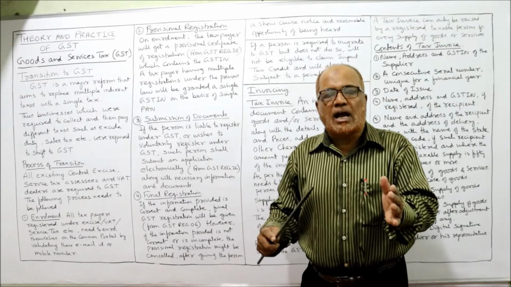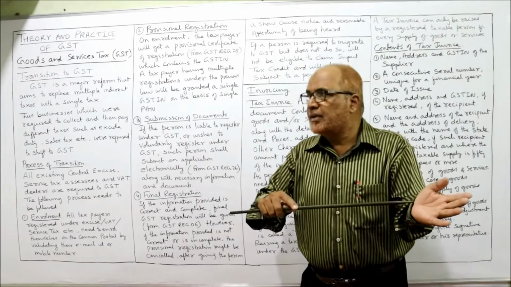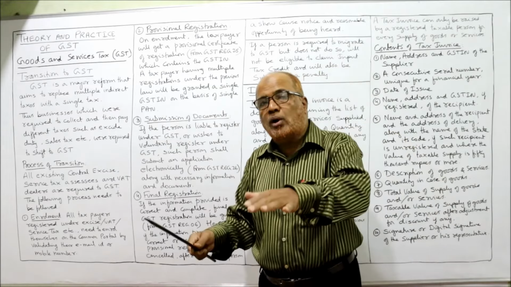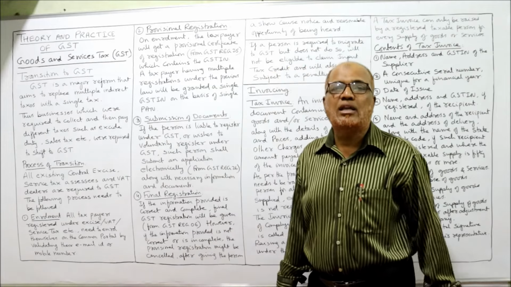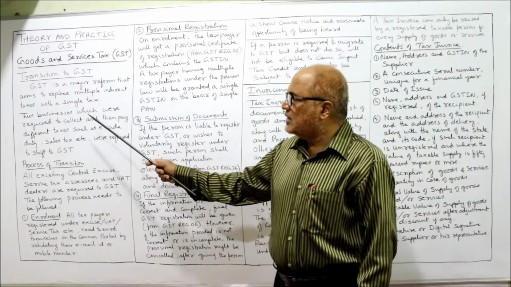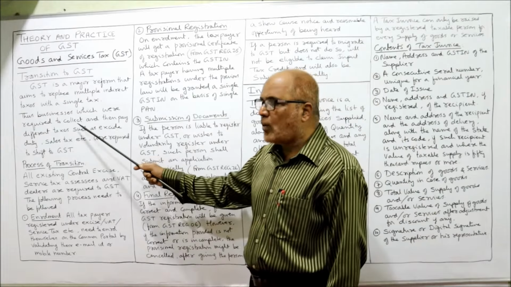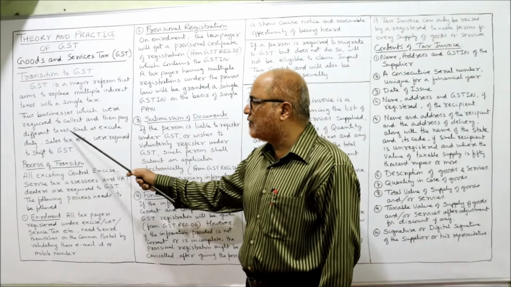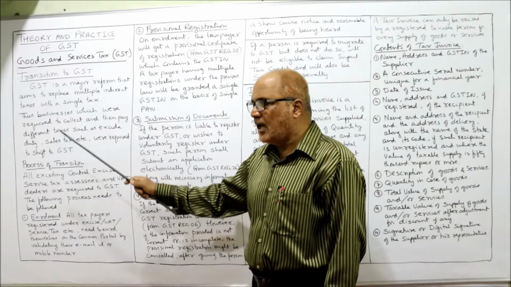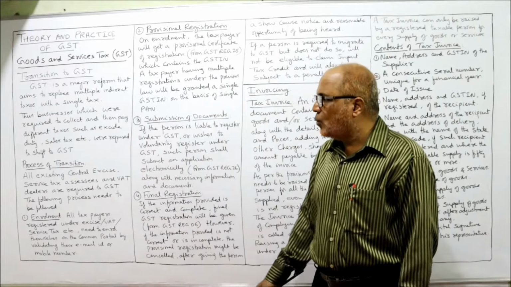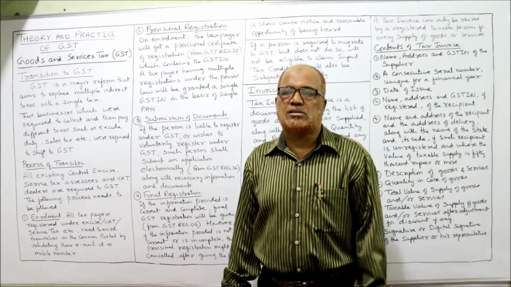That means there is a transition from old multiple taxes to a new single tax. Thus, businesses which were required to collect and pay different types of taxes such as excise duty and sales tax were required to shift to GST.